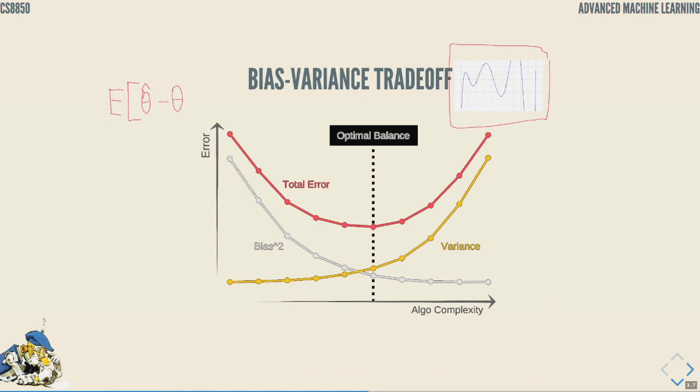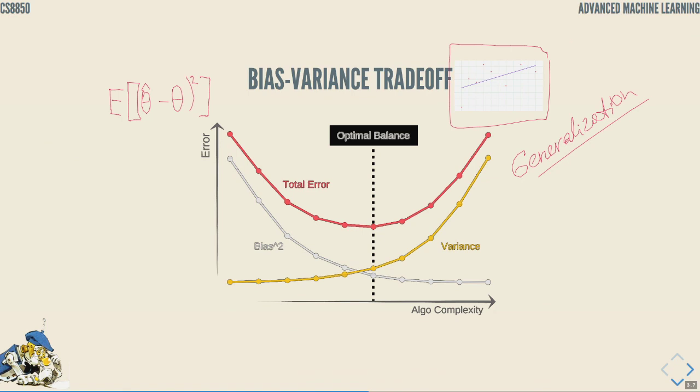The true parameters and the estimated parameters. That's the red line. The total error performs, and this is the test error or generalization error that we're interested in.